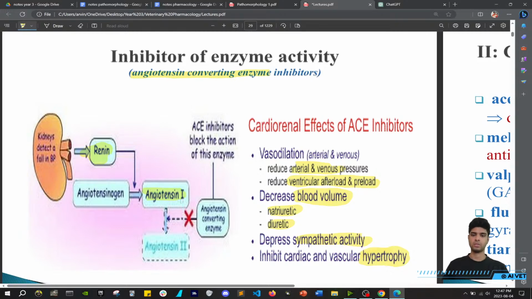Now ACE inhibitors block the action of the enzyme that converts angiotensin 1 to angiotensin 2, which is blocked. That's the reason blood pressure, venous pressure, all those things drop, and thereby the volume of the blood drops. It also inhibits cardiac and vascular hypertrophy. Hypertrophy is basically enlargement of whatever, in this case the heart or blood vessels, I guess.